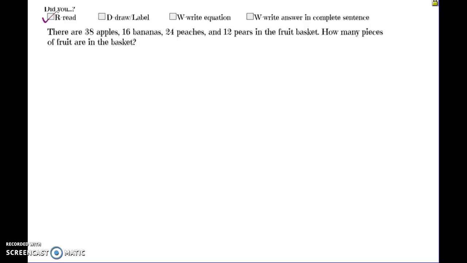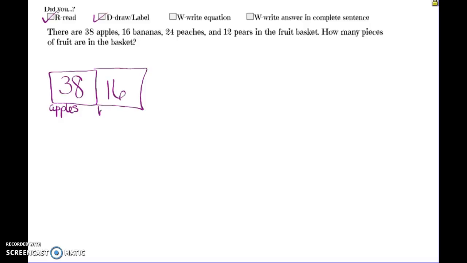So I've read the problem. Next, I have to draw and label it. So to draw my problem, I'm going to start out with, I know that I have 38 apples, and I need to label that. I know that I have 16 bananas, and then label.